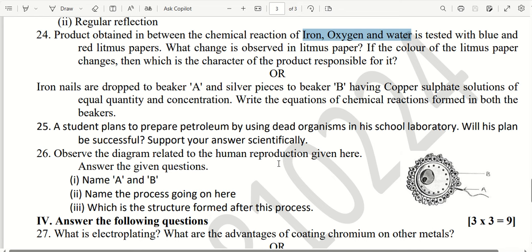Observe the diagram related to human reproduction given here. Answer the given questions. Name A and B. A is the sperm and B is the ovum. Name the process going on here.